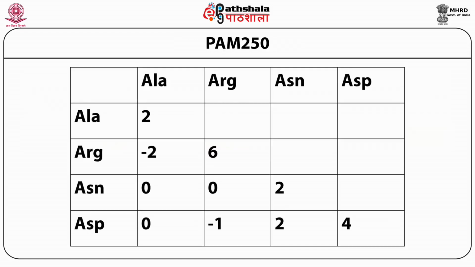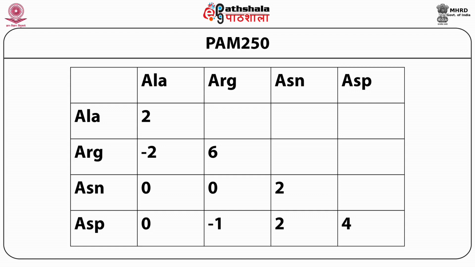So here is an example of the PAM matrices where, as you can notice, alanine with alanine, so no change there, has a score of 2. Arginine with arginine has a score of 6. What does it mean? That in general, alanines are more variable. So if in some case alanine does not change to anything, you don't get a big penalty score for that.